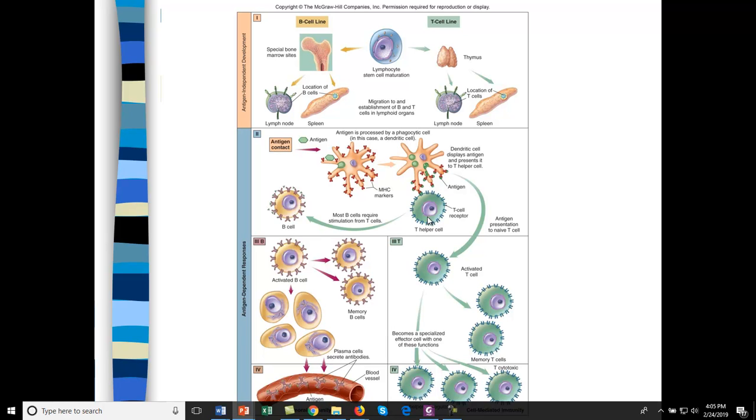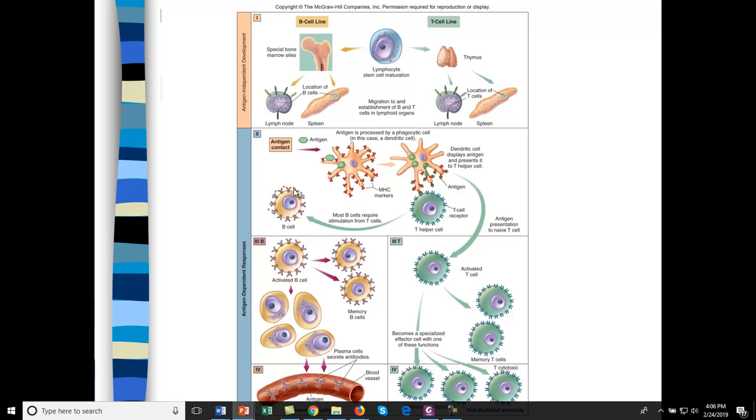And then a T helper cell, which matches with that antigen, that has the same complementary shape on the T cell receptor, will get stimulated. And then the T helper cell will stimulate B cells as well. Now, there's another way that you can stimulate B cells. Here's a B cell, and it's studded with antibodies. It's not studded with B cell receptors, it's studded with antibodies because it's a B cell.